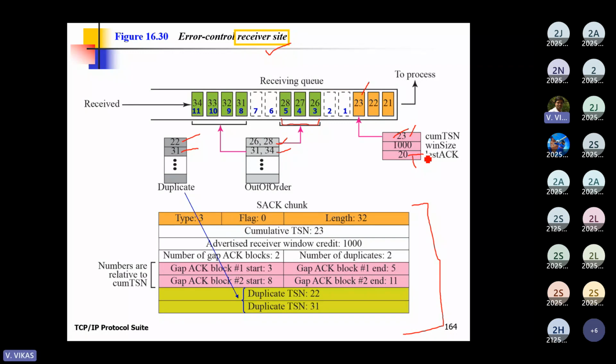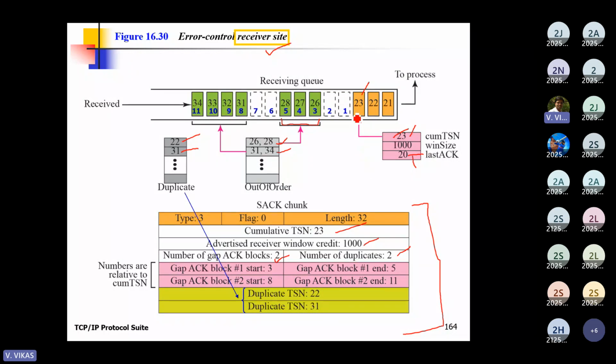So what we are doing here, you can see we are saying cumulative TSN is 23 because till 23 I have received without any issue. Receiver window size I have 1000. Then we are talking about how many gap acknowledgement blocks I have received. As you can see, we have two gap acknowledgement blocks. Then how many duplicates I received? Two. I'm also giving the details.